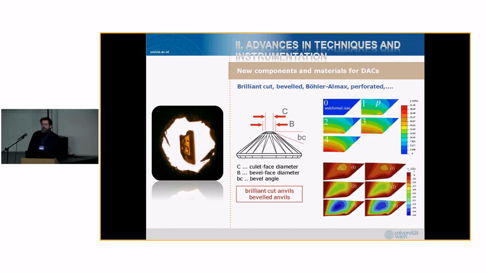So you start having elastic but also plastic deformation. And in the very beginning of getting very high pressures, people were just crushing diamonds in a series. So they were pretty expensive experiments because, crushing a pair of diamonds, I don't know how much you pay for a pair of diamonds, but I have to pay at least 1,500 to 2,000 euro or something like this.